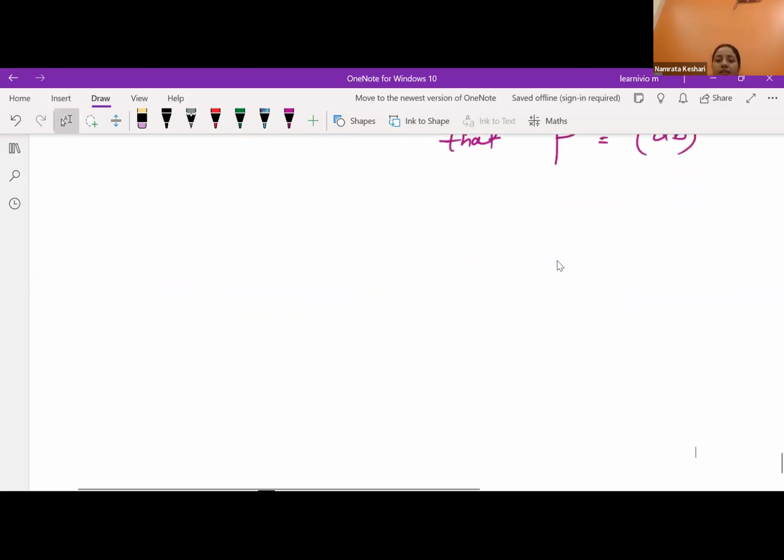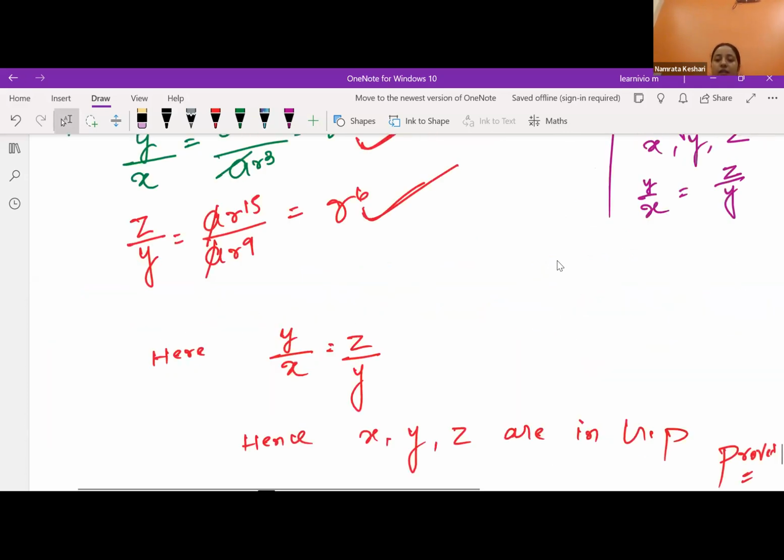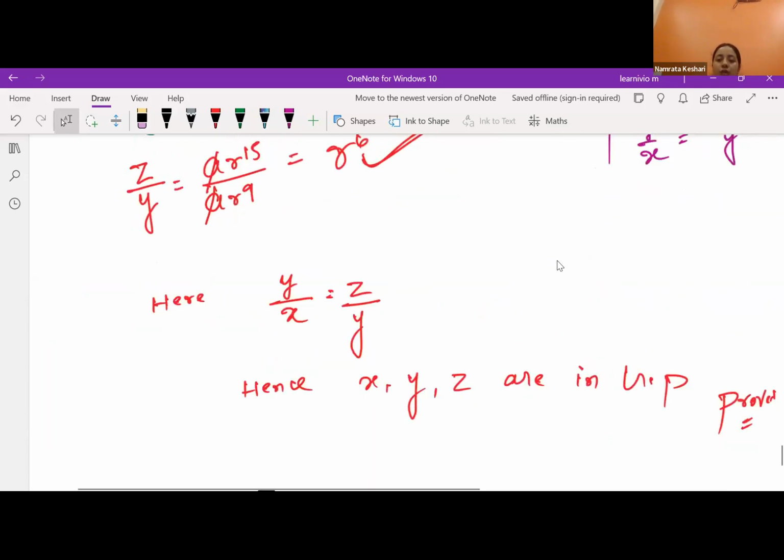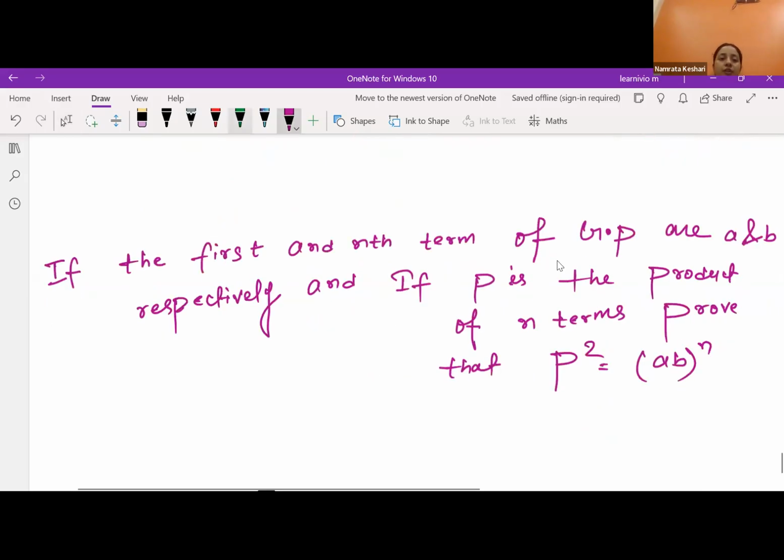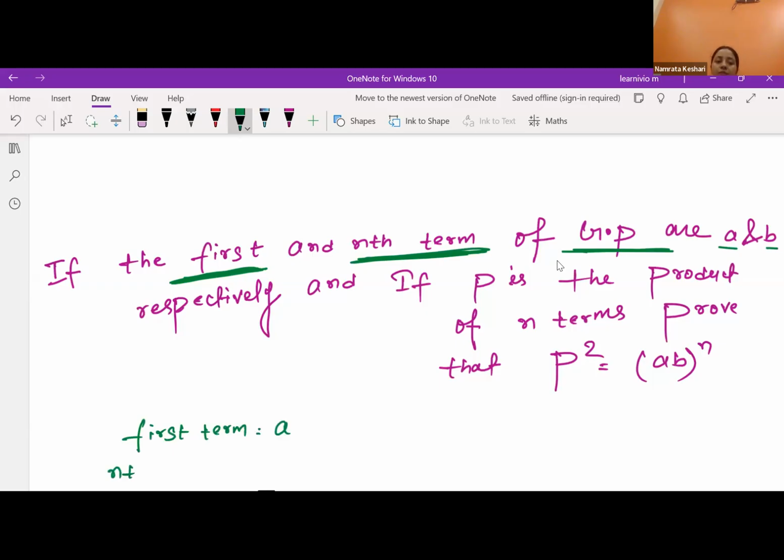If you are thinking that we are not getting anything given in the question, let's try decoding this mathematical language. It says that if the first term and nth term of a GP are A and B, so it's written that the first term is A and the nth term, which we always write as a r to the power n minus 1, is given as B, right?